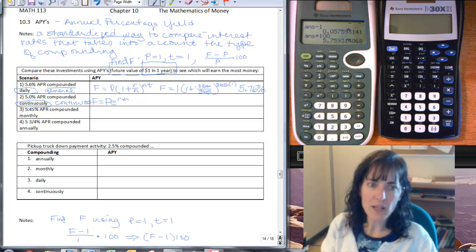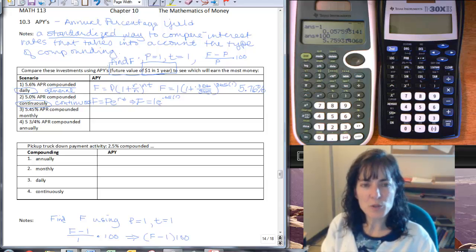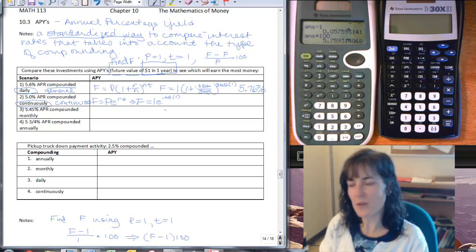Remember, the P and the T are going to be ones. So it'll be F equals, the P is a 1 times E, and the R is 0.05, and times 1 for the T. So it's really E to the 0.05.